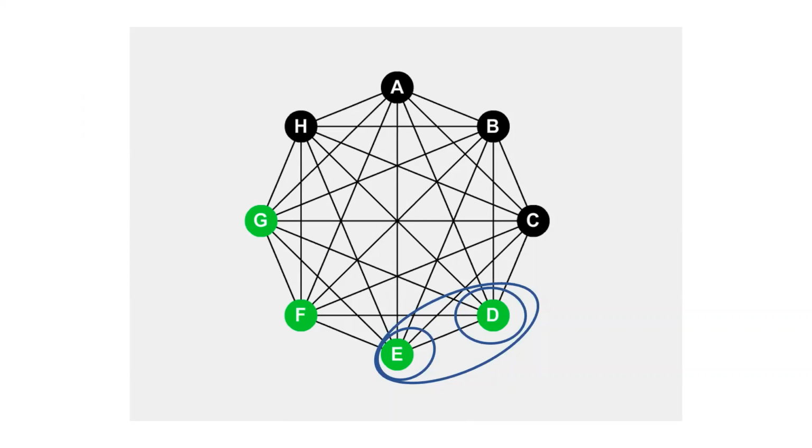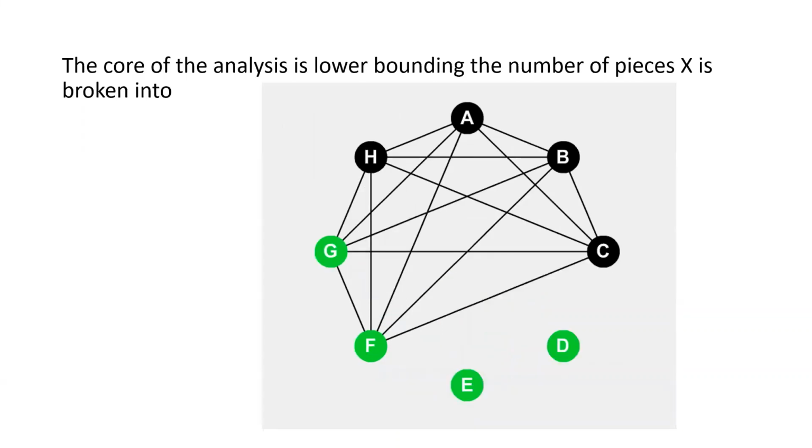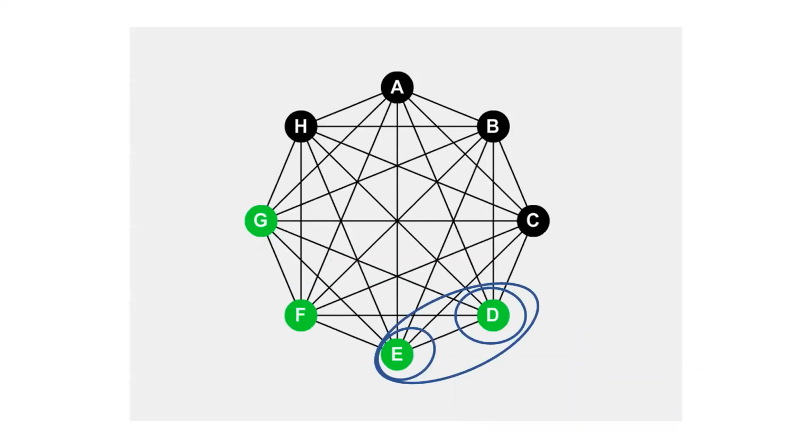And the main issue in our paper is lowering this bound on the number of pieces the set is broken into. And this is the reason we have the constraint I was talking about earlier, that bounds the number of vertices the same cuts can cover. And so we see why this is important here in this example.